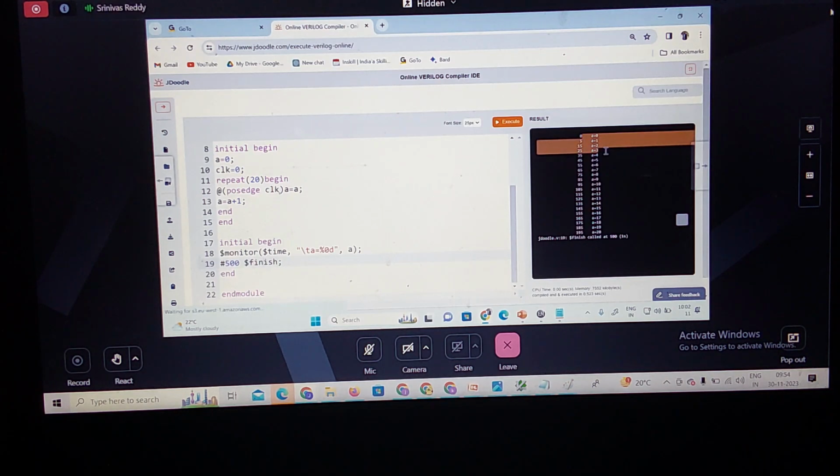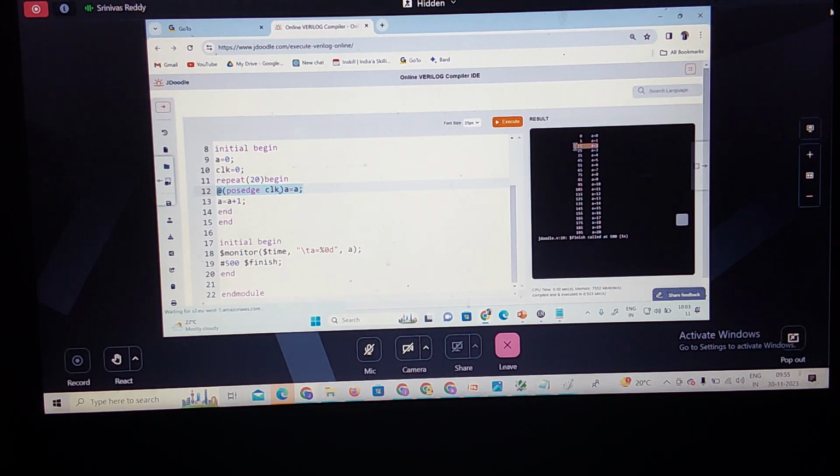But this is not delayed by 20 clock cycles, right? Initial at time t is equal to 0, and every positive edge of the clock comes. Now this program is basically working at every positive edge of the clock. At the positive edge at 5, A is incremented to 1.